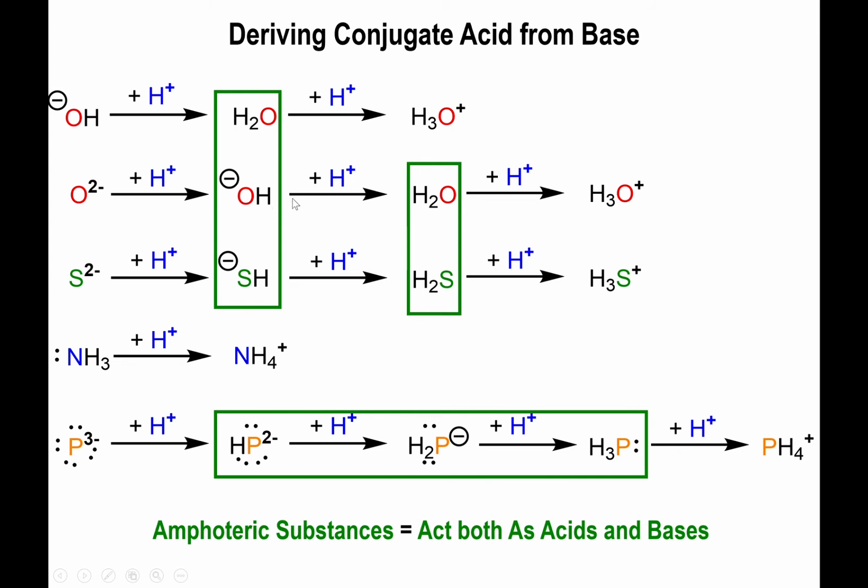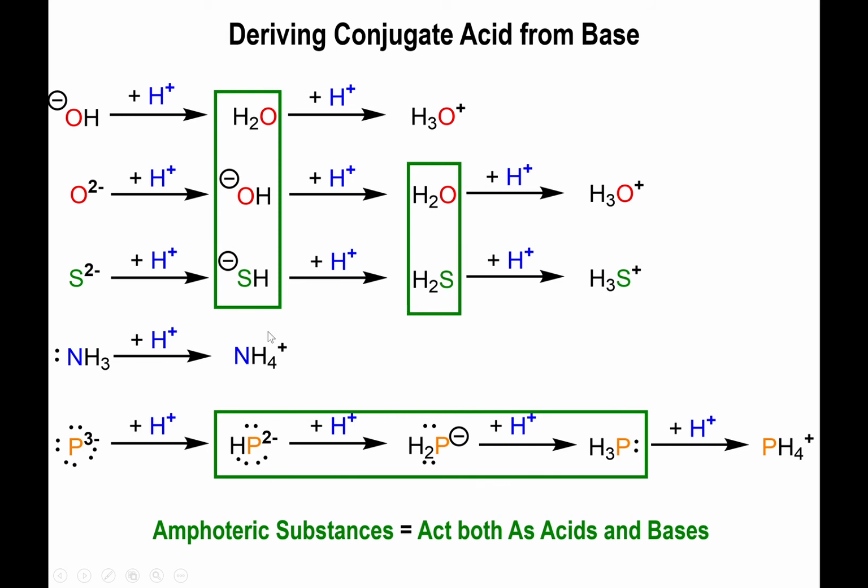So hydroxide can take up another proton to become water. Water can take up another proton to become hydronium. The same way that sulfide can become hydrogen sulfide and then turn into dihydrogen sulfide or hydrosulfuric acid, and then take up another proton to become the H3S+ derivative.